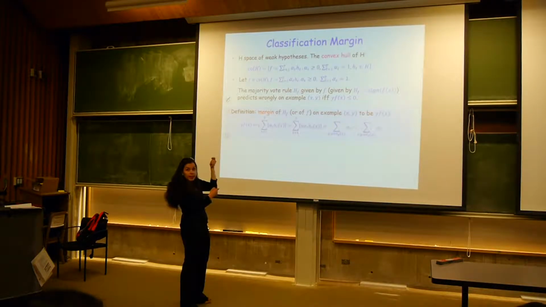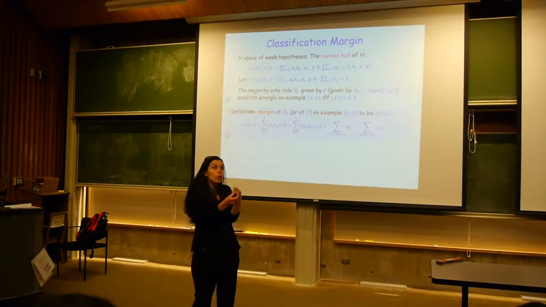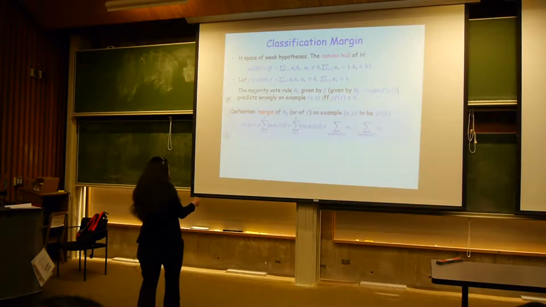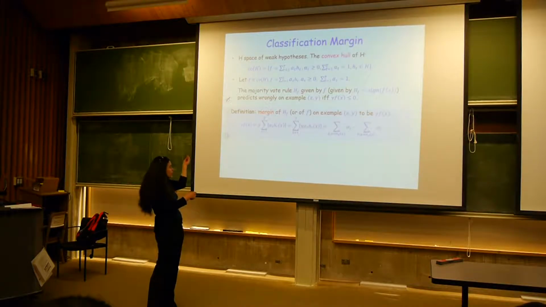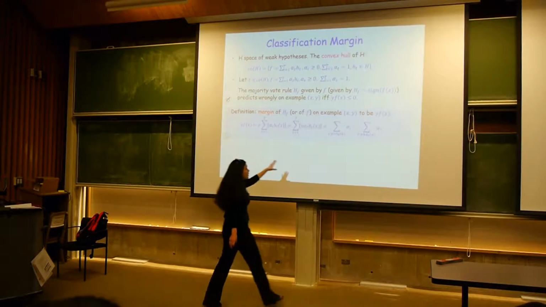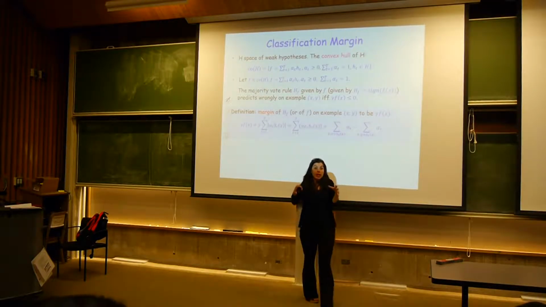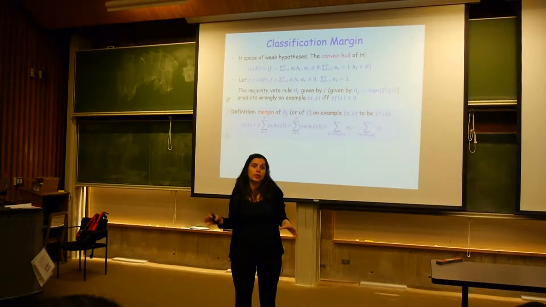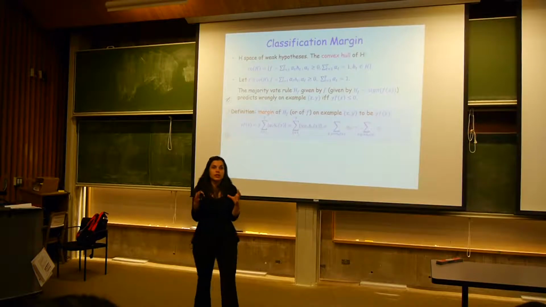We can think about alpha_t as the confidence that we have in the weak learner h_t, the weight we put on the weak learner h_t. Then we can define the confidence or the margin that the final classifier has on an example x as the weight on the weak learners that agree with the true label minus the weight on the weak learners that disagree with the true label.